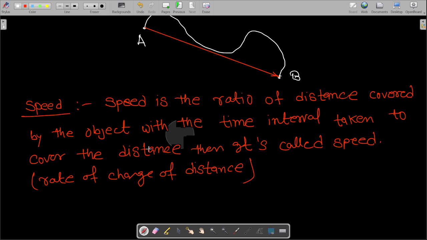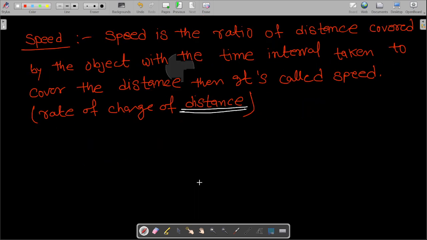Mark the word here, please mark the word distance, otherwise you will get confused between velocity and speed. Velocity and speed are two different things. You will see later. Mark the word here, distance. Okay, it is very important. Rate of change of distance is called speed.